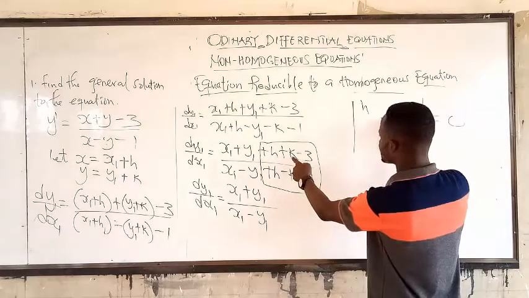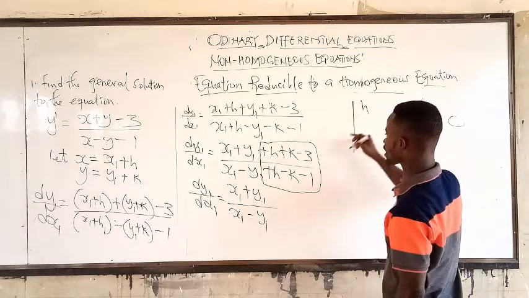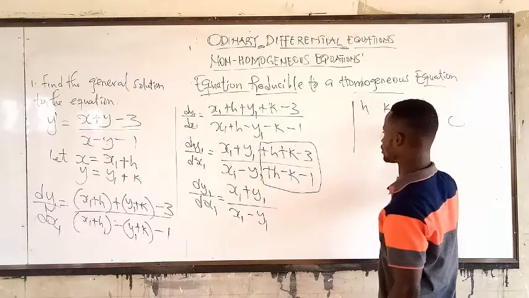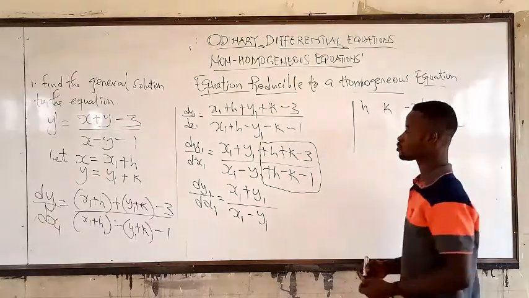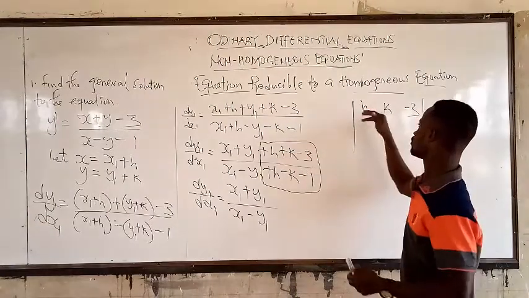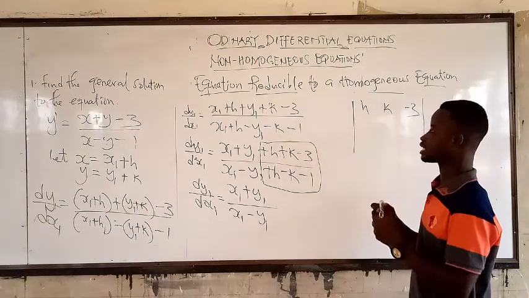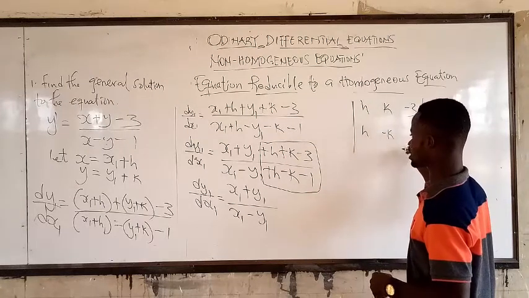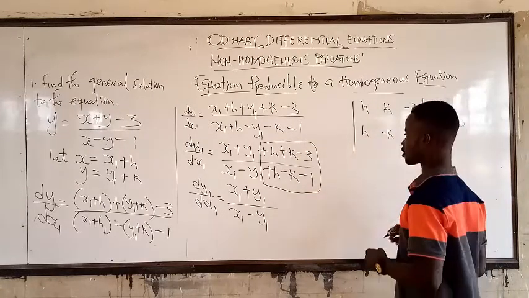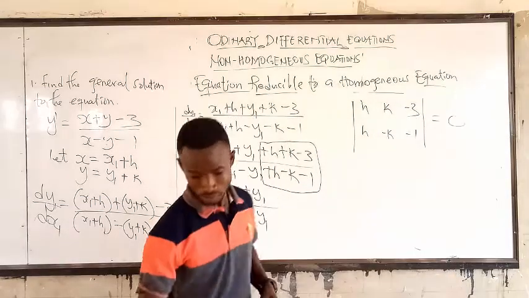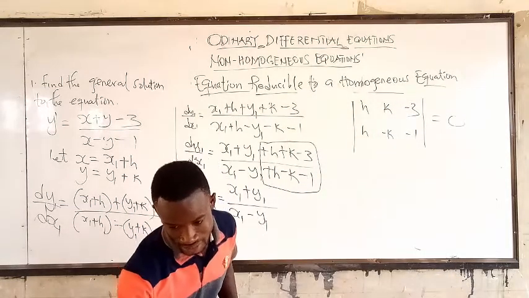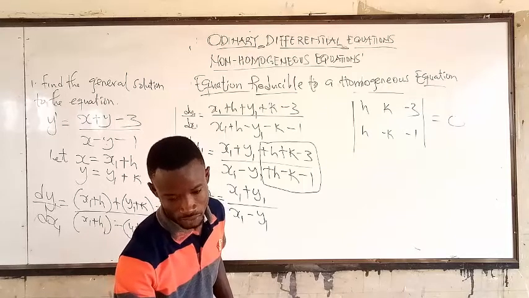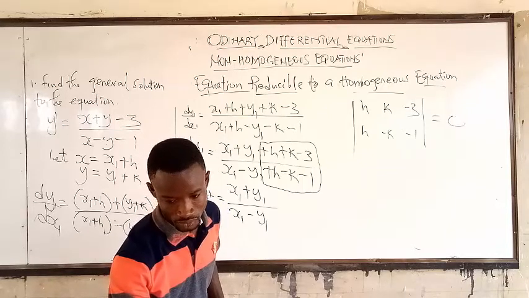So here we get h plus k minus 3. How do you know how to write the determinant? Don't write it like this, don't combine it. Then here will be h minus k minus 1. So that is that for that part.